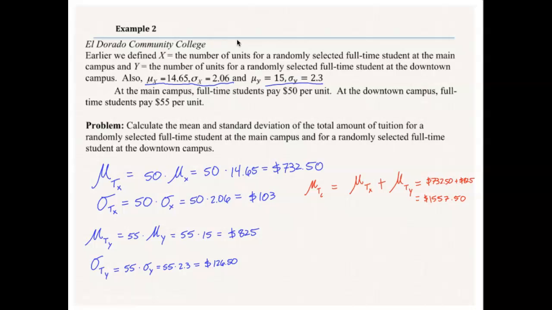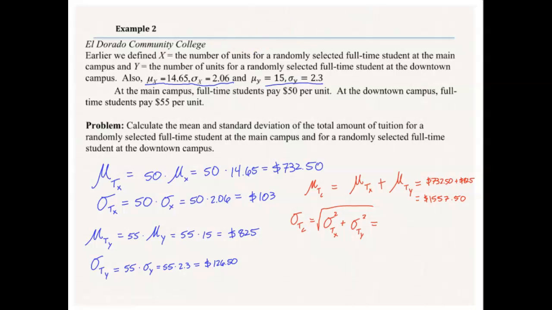If I wanted to compute the standard deviation of the combined tuitions, I can't add standard deviations. What I would have to do is add the variances and then take the square root of those.